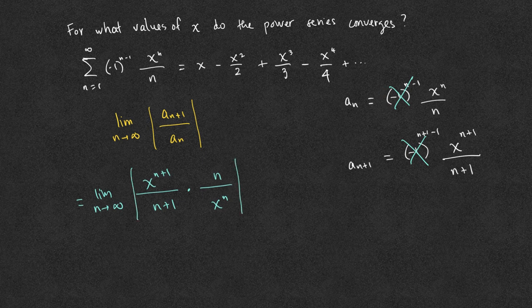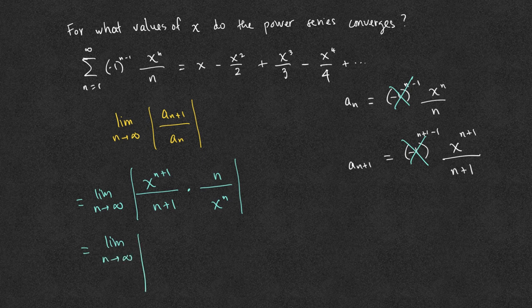Again, the absolute value of the negative 1 factor is positive 1. We will still need to write the absolute value in this case because of the variable x. Dividing by a sub n is the same as multiplying by its reciprocal. Before we take the limit, we need to simplify this expression.